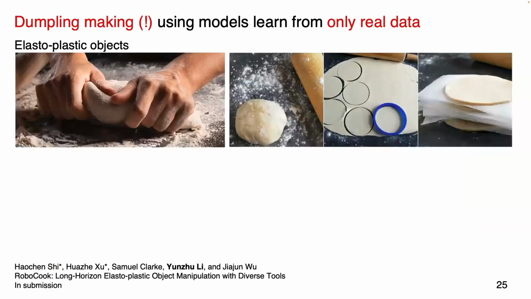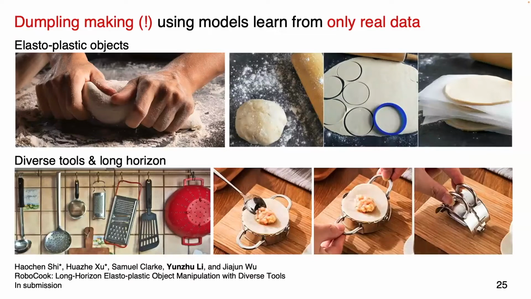We have to, once again, work with elastoplastic objects that possess extremely high degrees of freedom. Simultaneously, we must account for excessively large deformations in the dumpling making process and handle instances involving the splitting and merging of materials. In addition, this is also a long horizon task that requires the use of a series of cutting, modeling, and clamping tools.